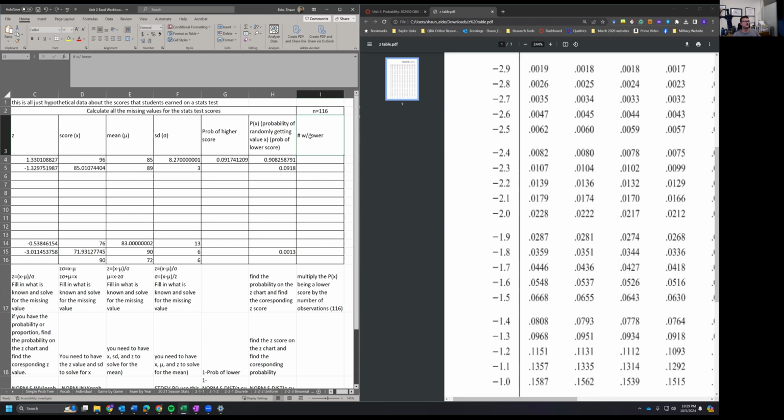But the next question is, if there's 116 people, how many people scored less than you? All you've got to do is equals the probability of scoring less than you multiplied by the number of people that took the test. So we know that there's about 105 people who scored less than you when you scored a 96.